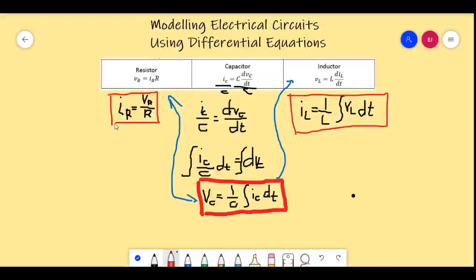If we need to represent the component as current, let's say we were using Kirchhoff's current law or whatever, we would be using this as our current representation.